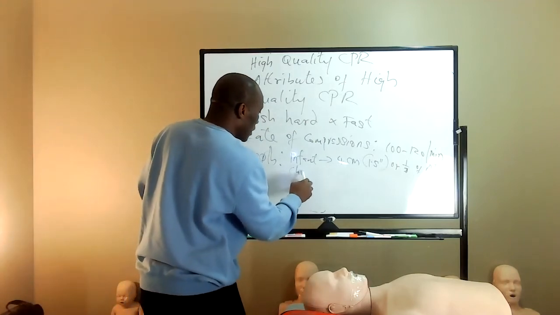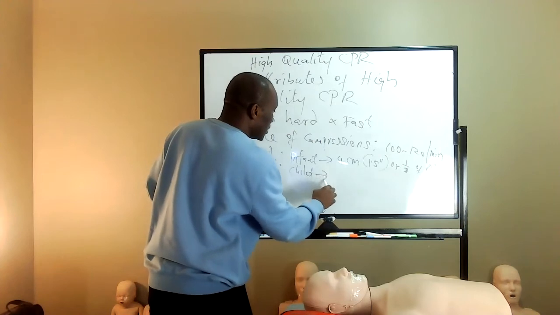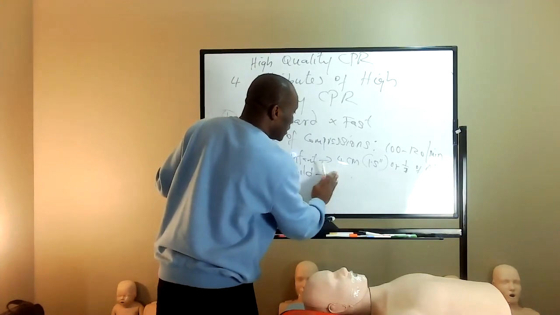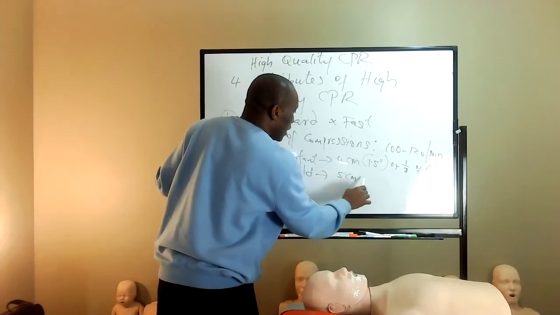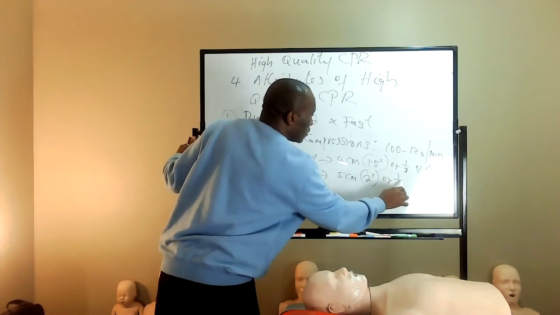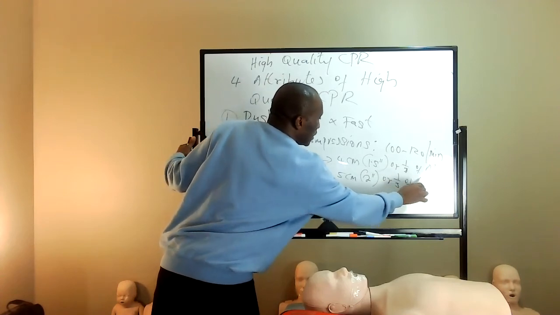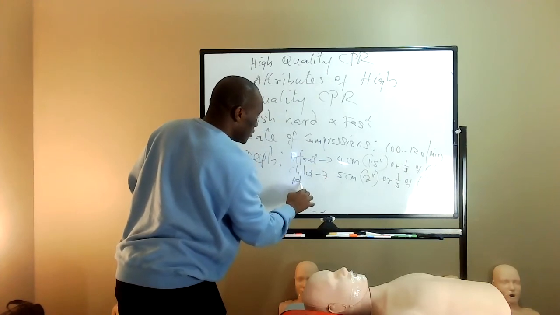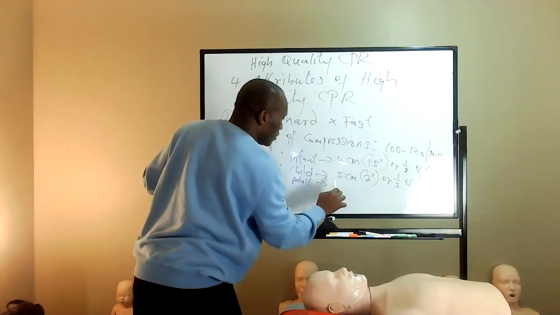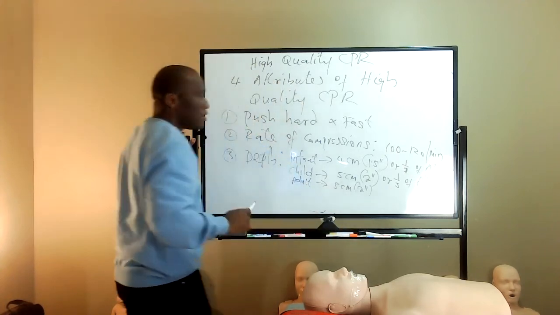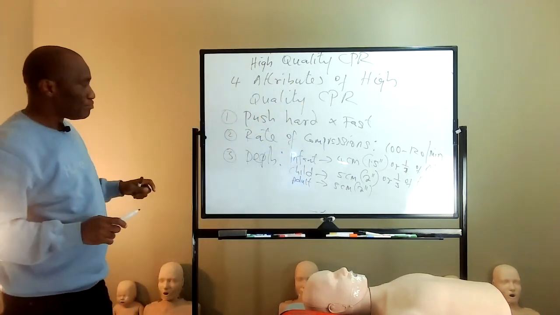If this is a child, then the depth will be 5 centimeters, which is 2 inches, or 1/3 of the child's AP. And if this is an adult, it is 5 centimeters or 2 inches, okay? So that is the depth there.